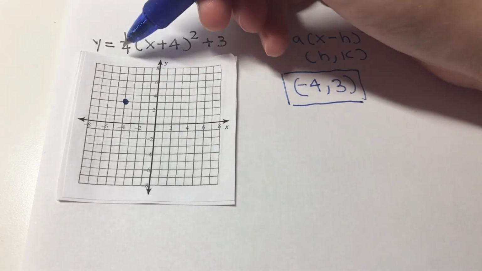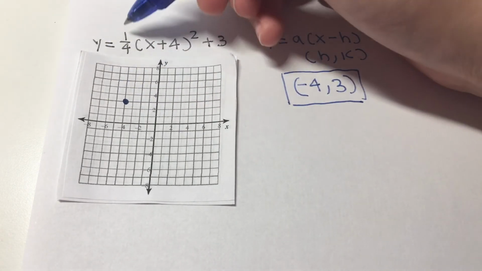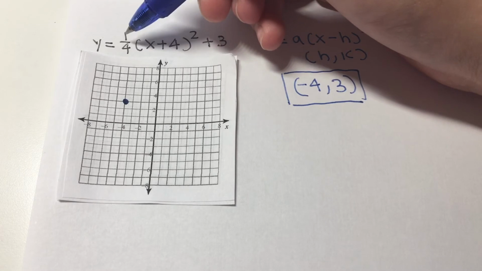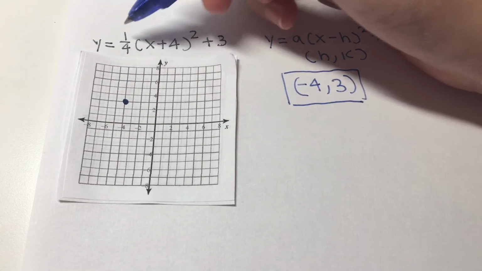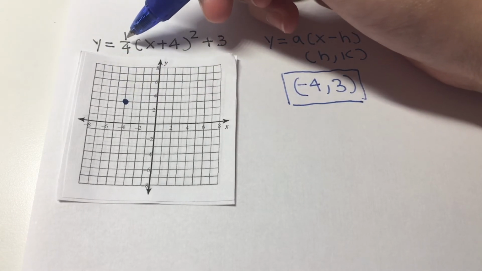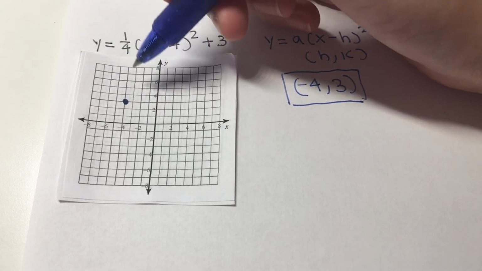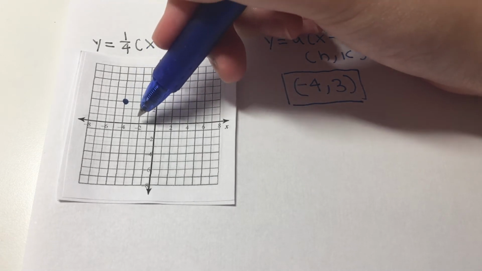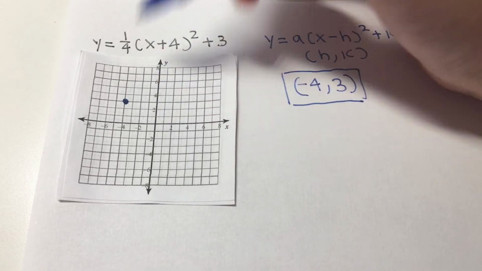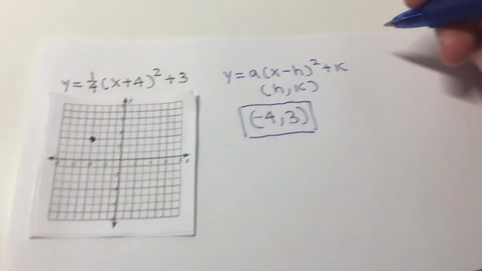So this is going to open up since there is no negative on the a value. And we also know that this is quite wide, considering that the a value is a fraction. So I'm going to pick the points a little bit further away from the vertex. I'm going to pick -2 and -1. Let's make a table.